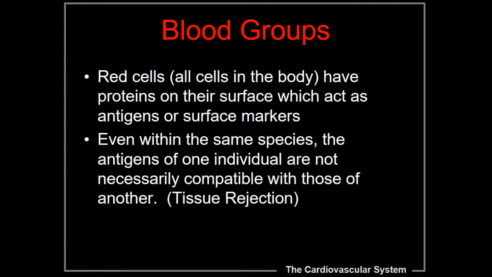Even with the same species, the antigens of one individual are not necessarily compatible with those of another. So if you've ever seen any of the signs that say, a kidney donor needed, those people have probably tested their immediate family, and they don't have a donor that's readily available to them. So they need to search a wider range to try to find someone that has the appropriate antigen markers that the recipient's body will accept within reason.